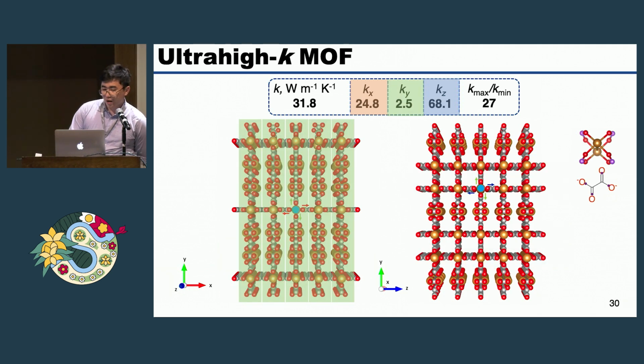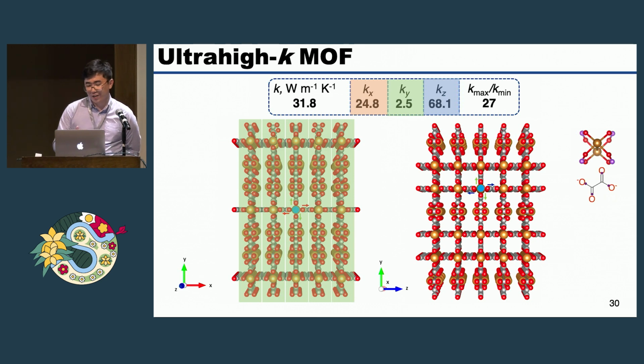But in the Y direction, we observed lower thermal conductivity, and it turned out that in the Y direction, there is an additional perpendicular interaction across the plane. So remember our discussion of parallel and perpendicular interactions. It's exactly the same thing happening here. In the Y direction, there is an additional perpendicular interaction, which is causing this lower thermal conductivity. So it turned out that the 4 connected square planar metal node allows this configuration. It provides parallel interactions in each dimension, and also minimizes the perpendicular interactions in each direction.